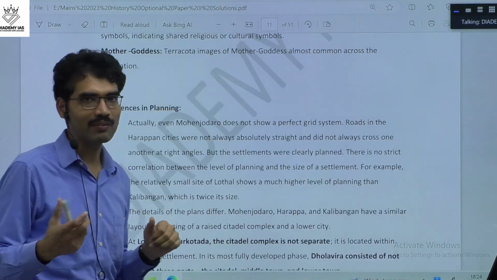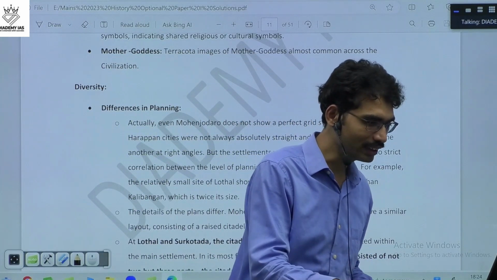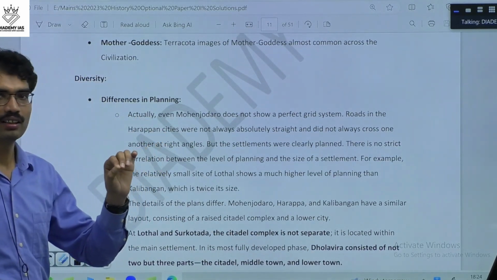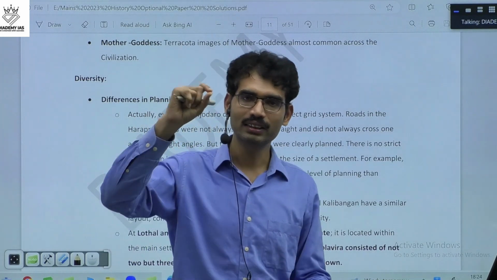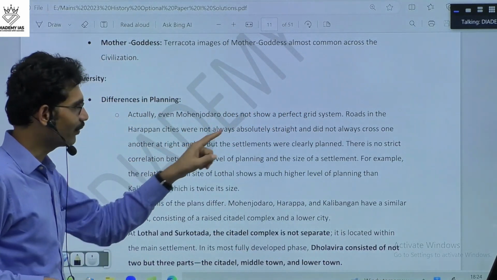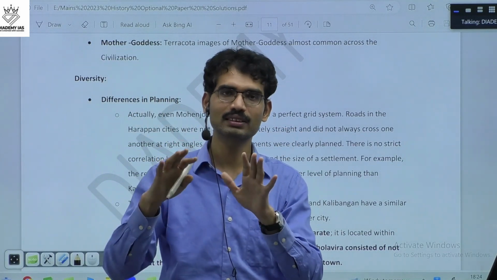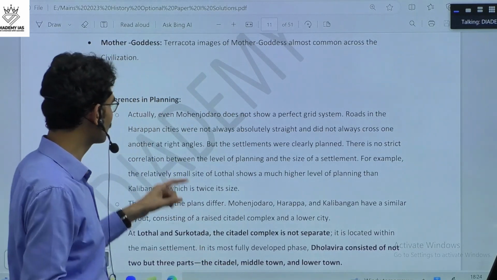Now when it comes to diversity, what are the diverse elements? It is not always that every area has similar town planning, and there are certain differences within the planning. And when it comes to roads also, in certain places straight roads, in certain places roads are not straight. So that difference, you are going to highlight.